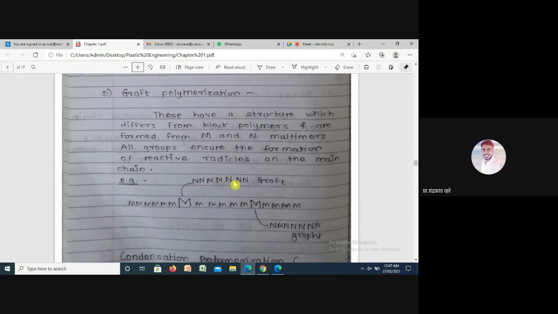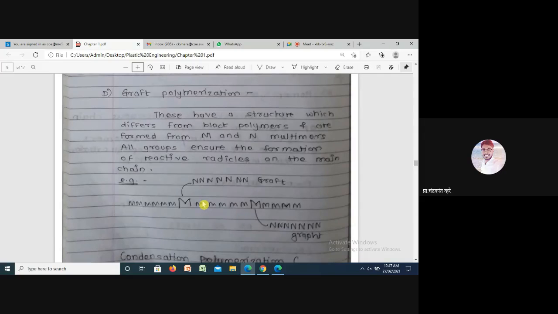What is big M? It is a multimer. What is a multimer? It consists of n number of grafts, which means n number of single species monomers. And again here M means the same species. So it is a combination of both. So it is also simple, not difficult.